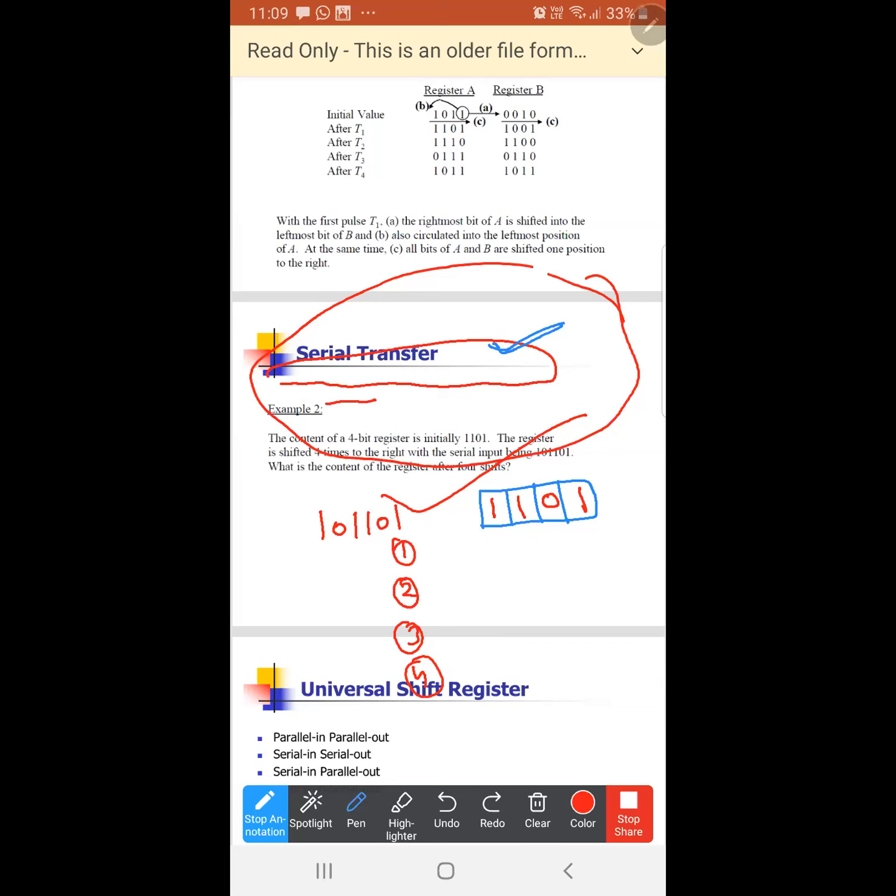What are you getting, other girls? Girl, what is your answer? The same initial value. Okay, so you got 1101. Fine.